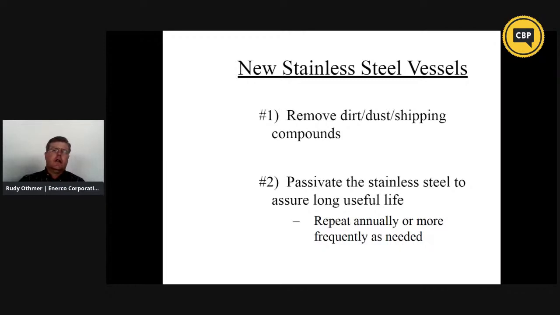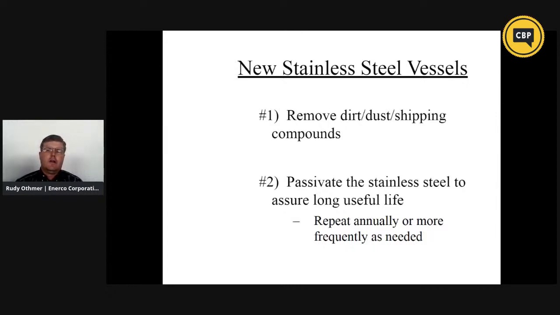Typically going to be done with an alkaline CIP. Sometimes, depending on where the tank came from, some manufacturers passivate themselves and ship you a quote unquote clean tank. You want to clean it and passivate it for yourself anyway once it's installed.